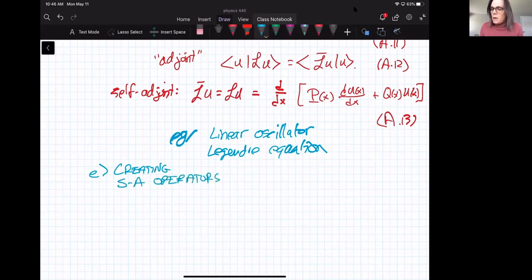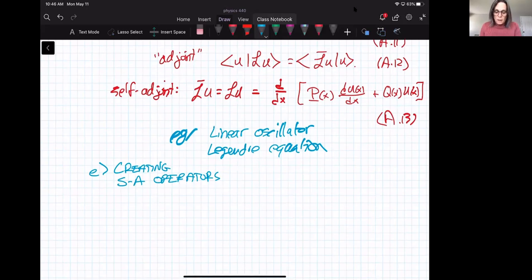That basically requires the use of a multiplication factor. So let's let P0 prime not be equal to P1. By definition, that means this can't be self-adjoint.